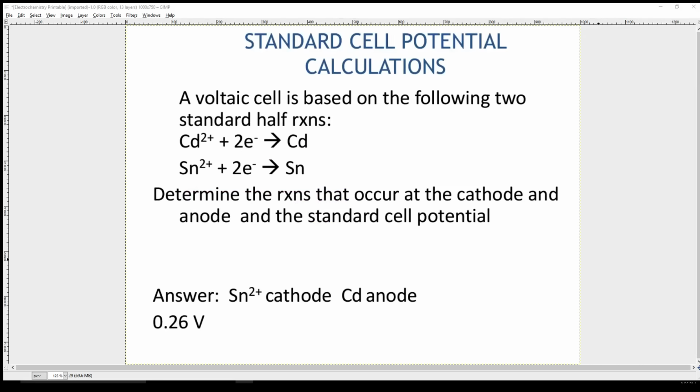Let's try one more. A voltaic cell is based on the following two standard half reactions, cadmium and tin. Determine the reactions that occur at the cathode and the anode and the standard cell potential. So you have to figure out what is most likely to be the cathode and what is most likely to be the anode.